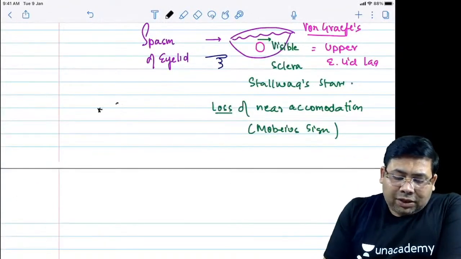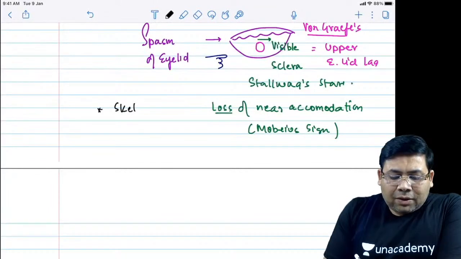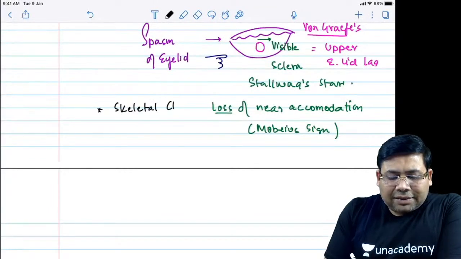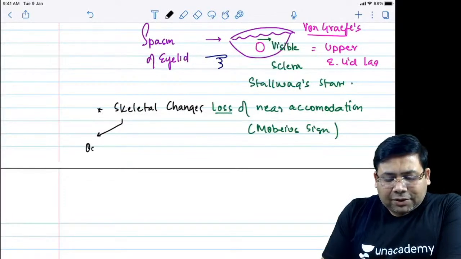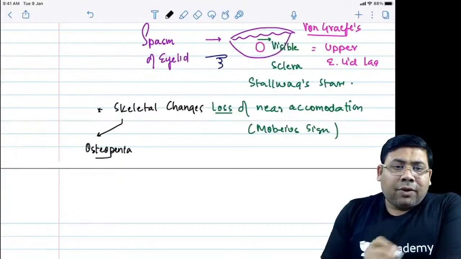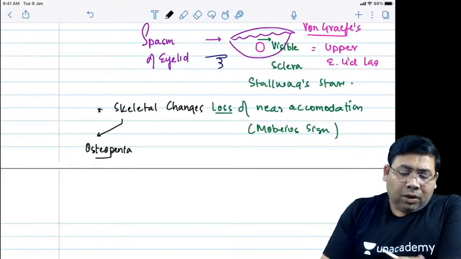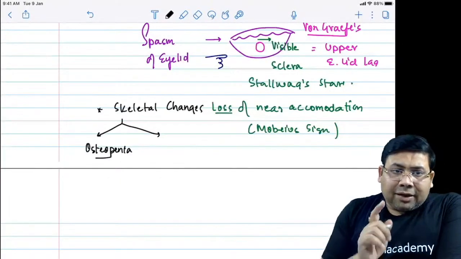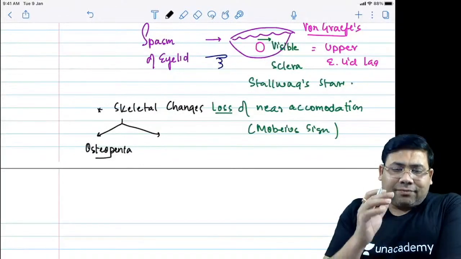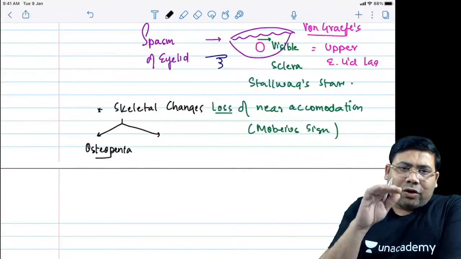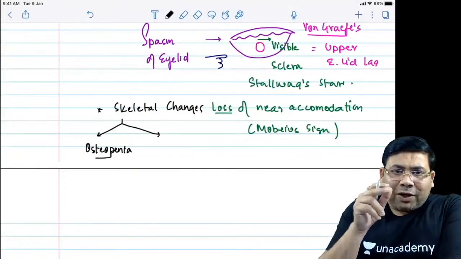Now, what do you see in the skeletal system? Skeletal changes. First of all, hyperthyroidism is associated with osteopenia. The next thing is a Codman's reaction, a subperiosteal reaction, like Codman's triangle.